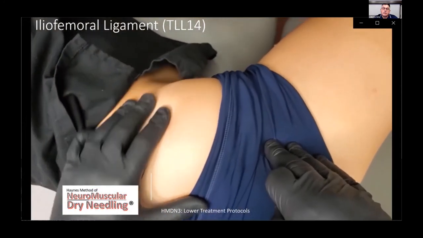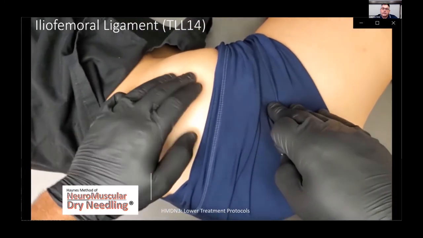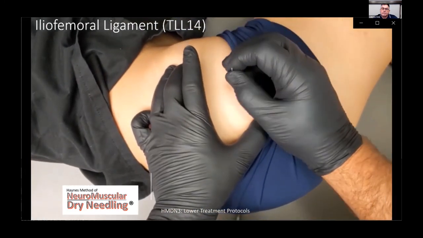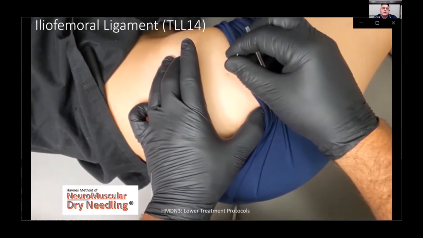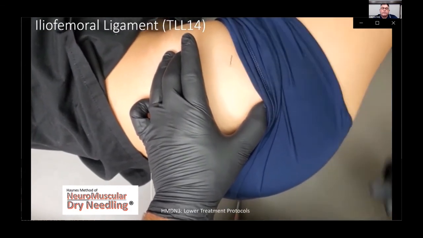Trochanter, the ASIS midpoint, for the iliofemoral ligament.